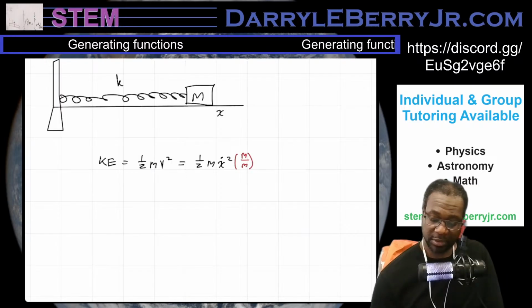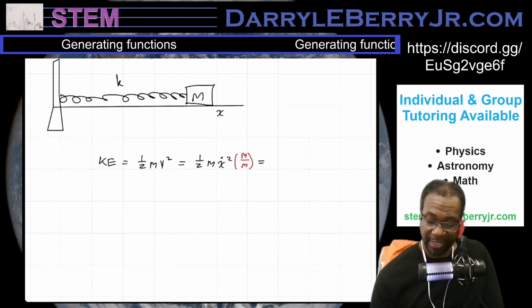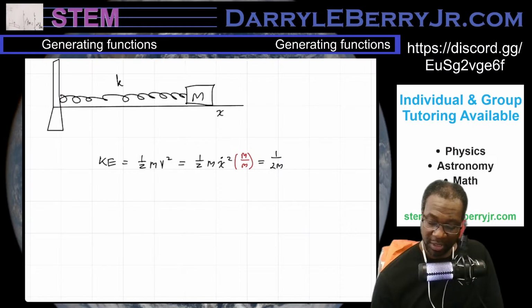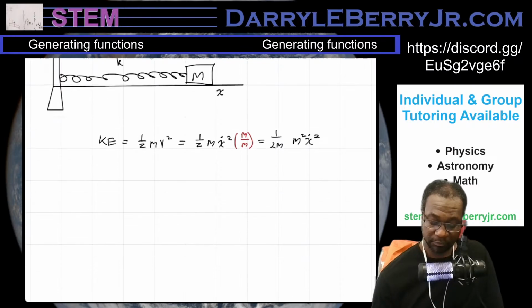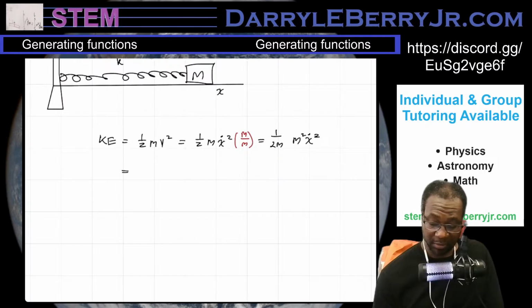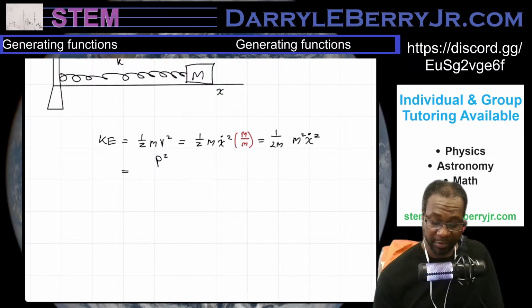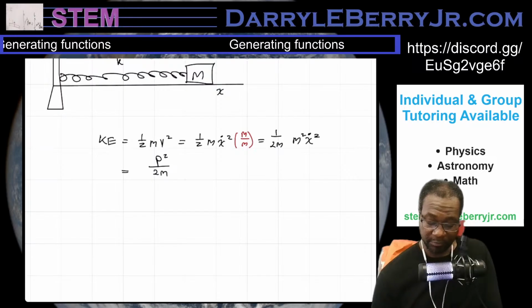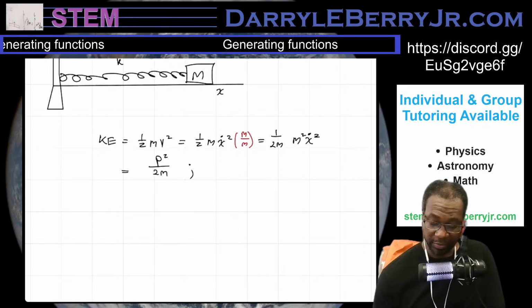Multiplying by 1 doesn't change anything. So now we have 1 over 2m times m squared x dot squared. So that becomes momentum squared over 2m, where p equals momentum.